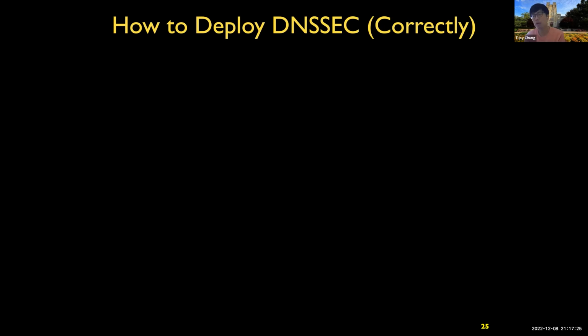You might be wondering, DNSSEC was introduced nearly 30 years ago, and I can understand that it is really good. Then what is the reason why DNSSEC has not been deployed aggressively? So let's talk about it more.